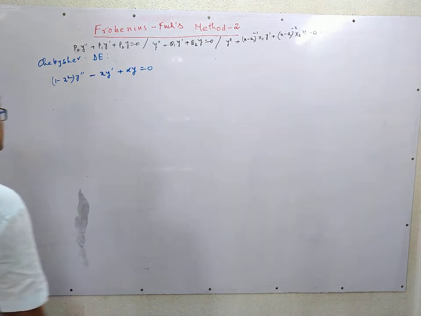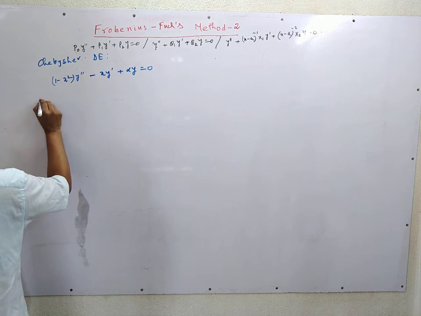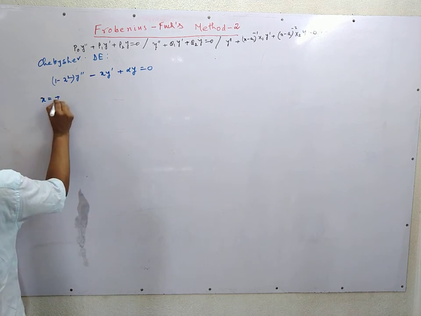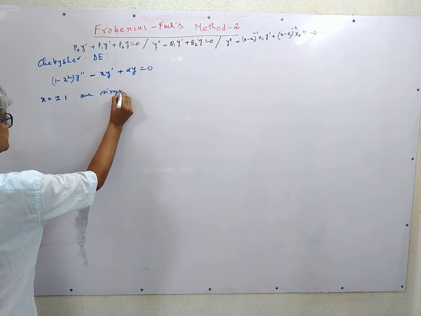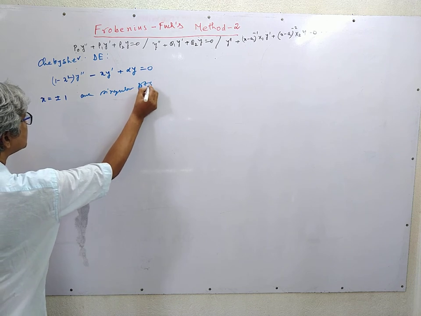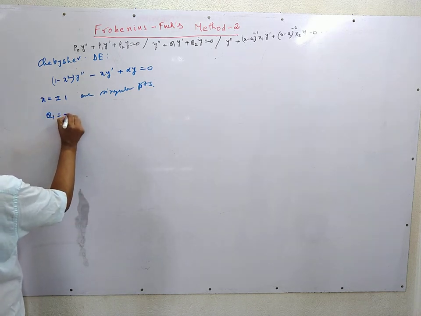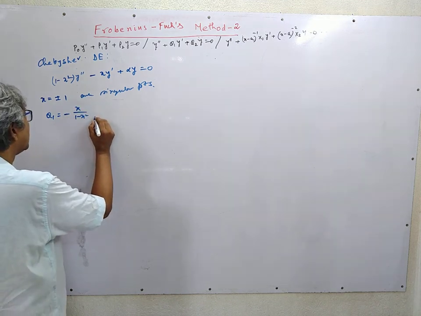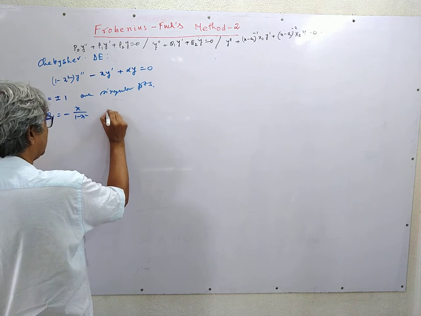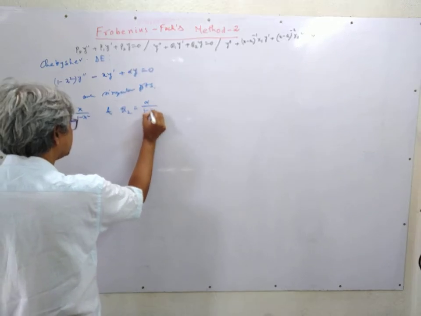You see that this is P0, so x is equal to plus minus 1 are singular points. So Q1 is equal to minus x by 1 minus x square, and Q2 is equal to alpha by 1 minus x square.